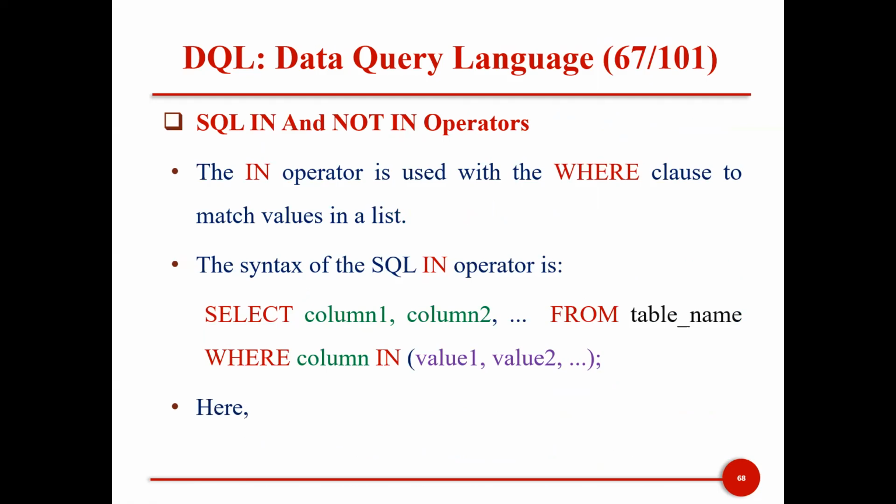The syntax of the SQL IN operator is: SELECT column FROM table WHERE column IN values. Particularly, assuming that you want to retrieve the records of all the customers who belong to some category of countries. Is it clear? Maybe Ugandans and Kenyans, whose nationalities are Ugandans and Kenyans, then you can use the IN operator here.